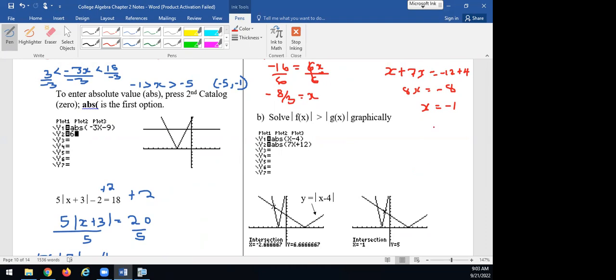Now, what if you're asked to solve the graph for f of x greater than g of x? So you're going to look where f is above g. Can you identify where f is above g?